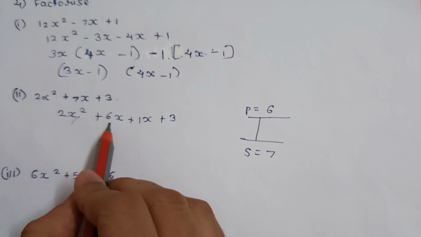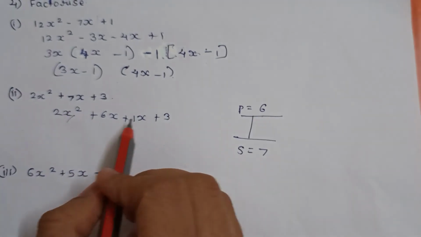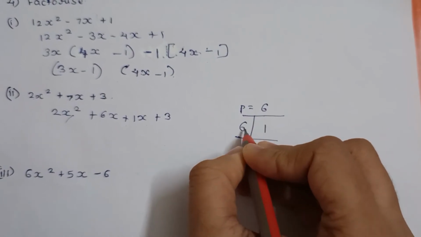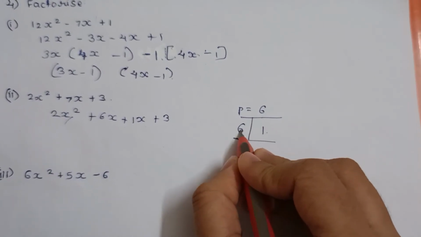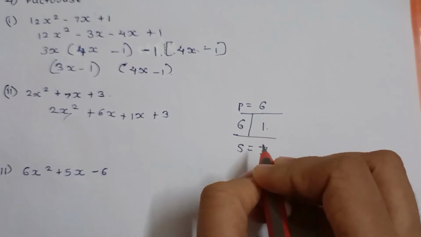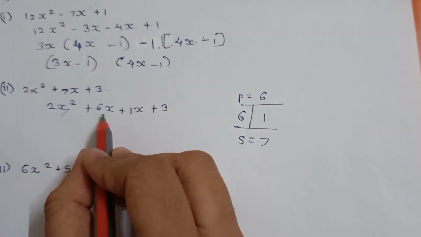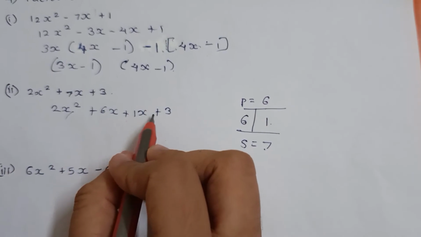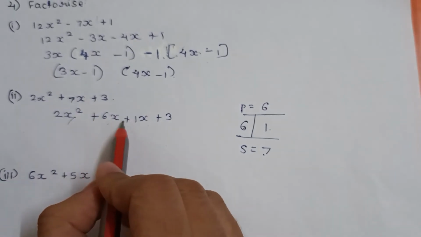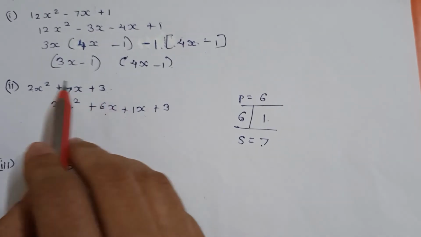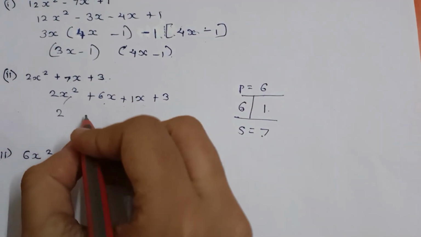We will get 6x plus 1x, and here 6 1s are 6 and 6 plus 1 is 7. So we got the middle term, 6x plus 1x is 7x, and 6x multiplied by 1x is 6x square. We will take the common outside.